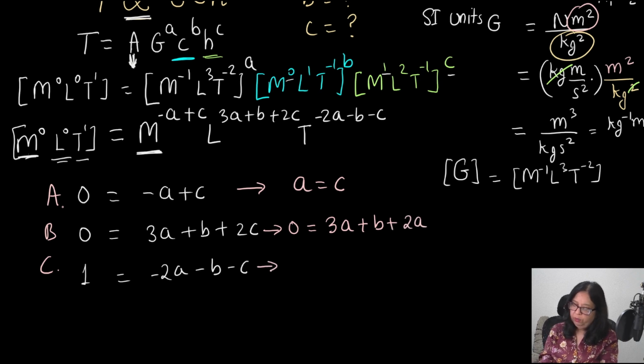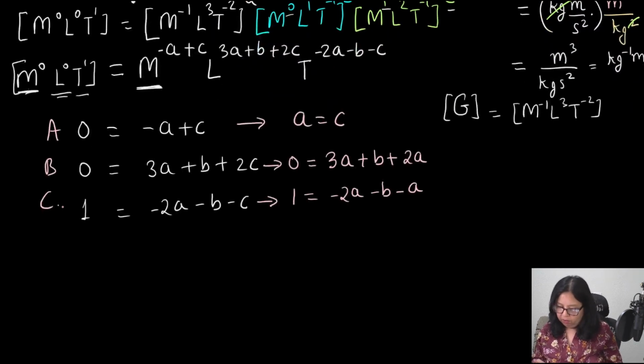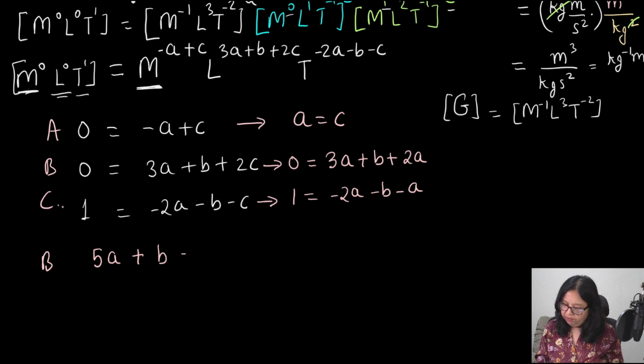The third equation becomes 1 equals minus 2A minus B minus A. Swapping left and right, 5A plus B equals 0, and I get minus 3A minus B equals 1.